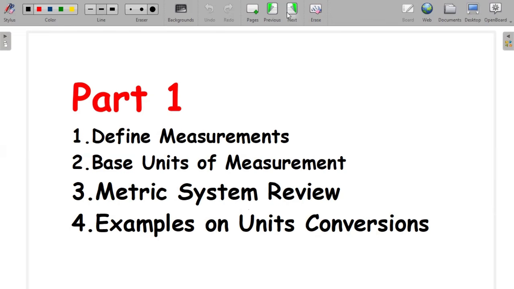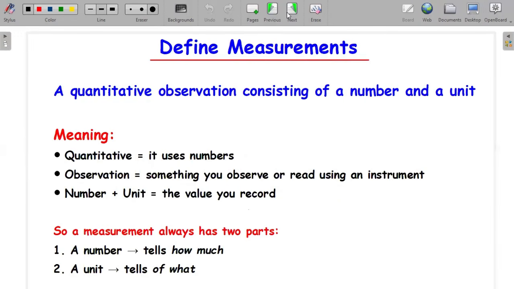All right, so let's start. By definition, we say a measurement is a quantitative observation consisting of a number and a unit. That's the definition of what a measurement is. This means that for something to be a measurement, it has to have a number and a unit.